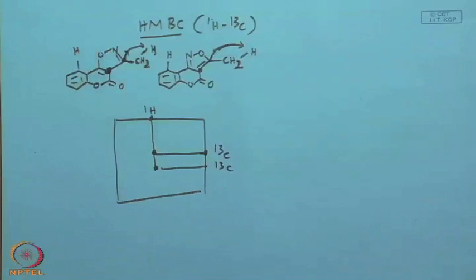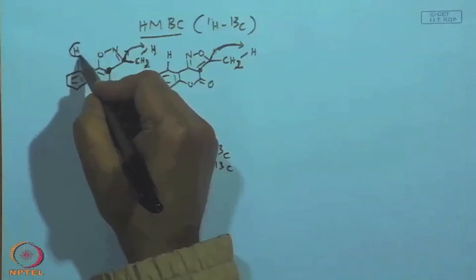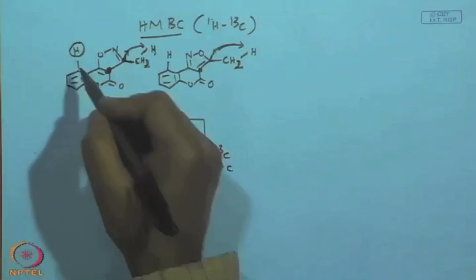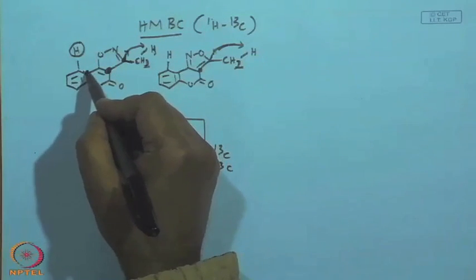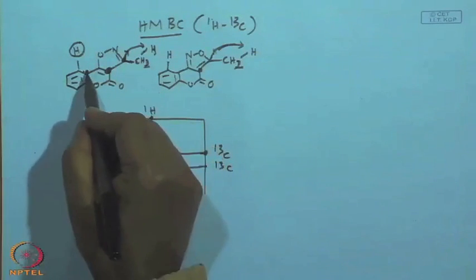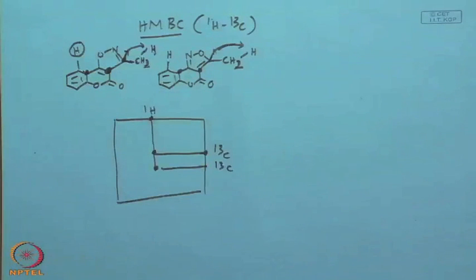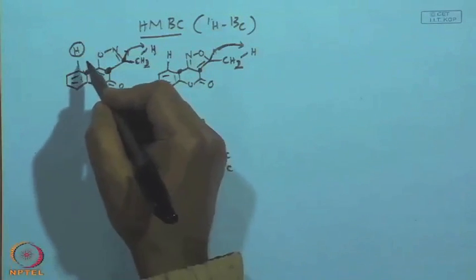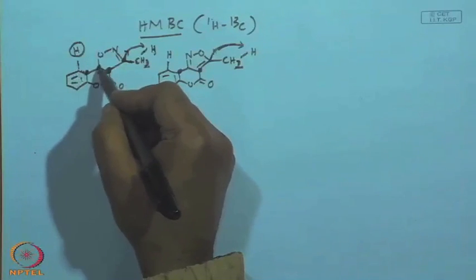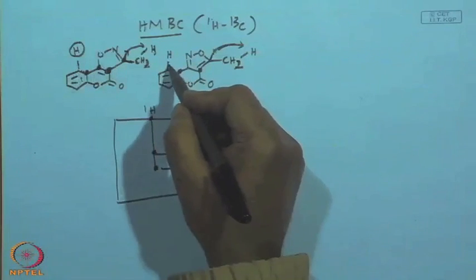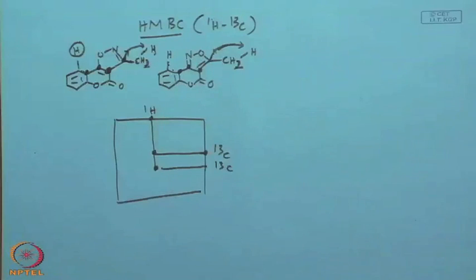So, let us look at the HMBC of that one. This is our reference. 1 and 2 bond, that means this one would be coupled. So, in this case also you have a coupled hydrogen. Then 3: 1, 2, 3, this one will be coupled, and in this case 1, 2, 3, this one also would be coupled.